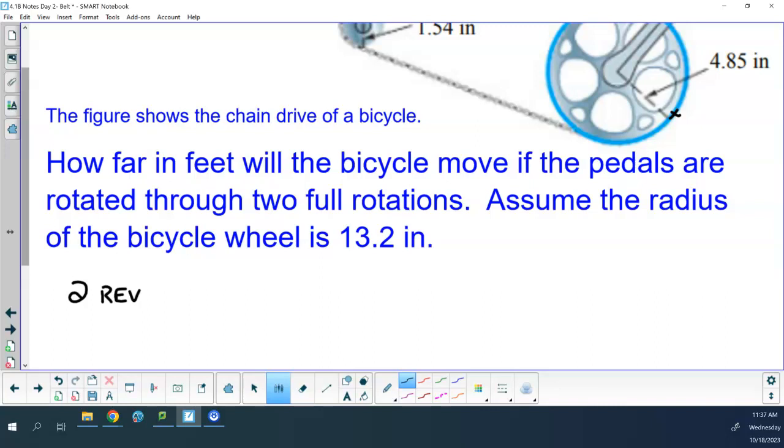Have we all ridden a bike before? Yes? Or seen somebody ride a bike before? Do we know the concept of a bike? Okay? Spin the pedals. What happens? Bike moves forward, right? So we need to know how many feet we traveled by spinning the pedals twice.